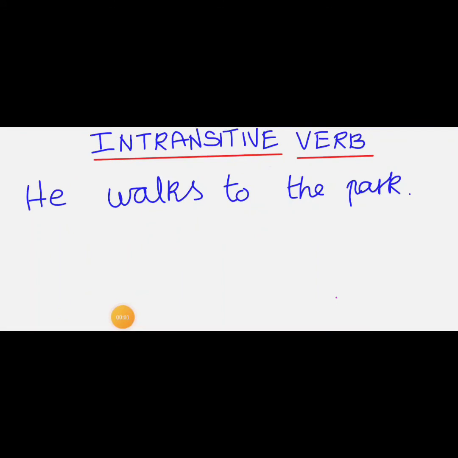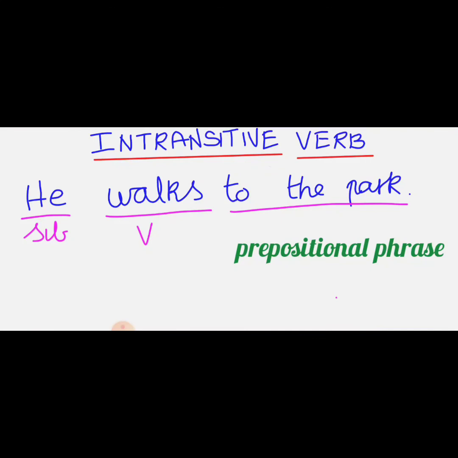Last example, he walks to the park. Again, in this sentence we have a subject, walks is a verb, and here we do not have an object because to the park is a prepositional phrase. It is not an object.